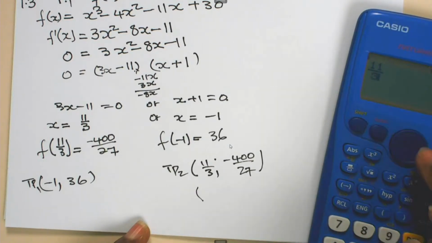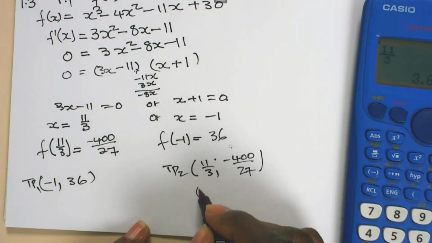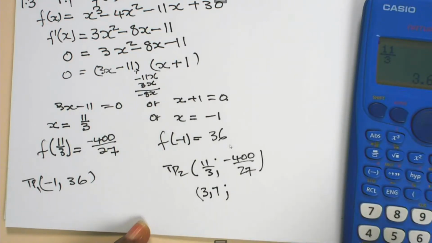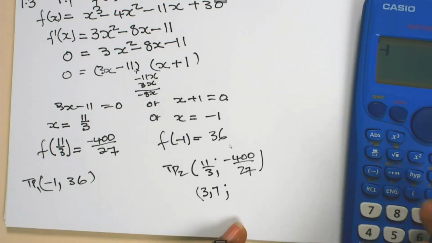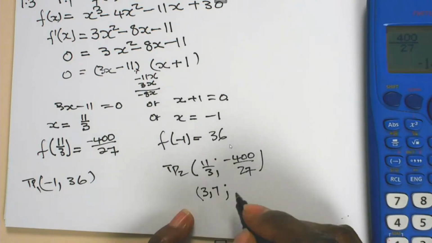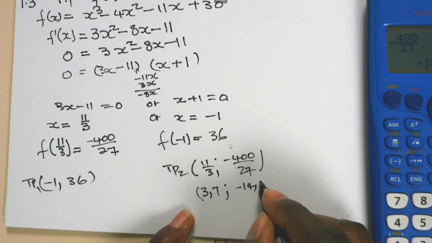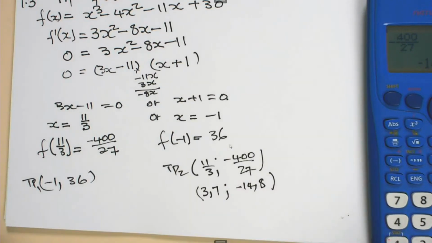Then I think this will be 3.7. That's the first coordinate, and then minus 400/27, and then we have -14.8. This will simplify our work when we sketch the cubic function.